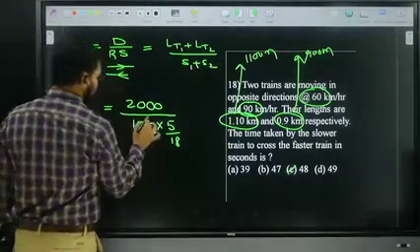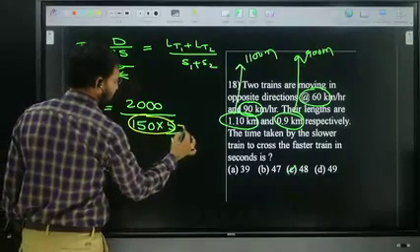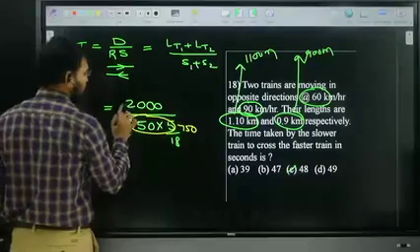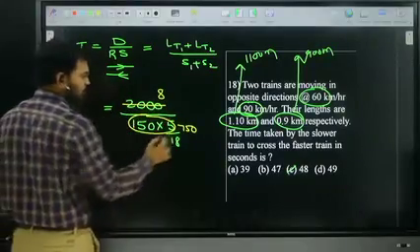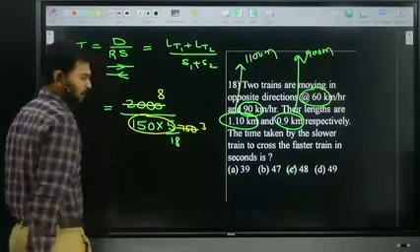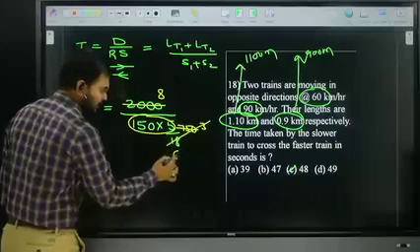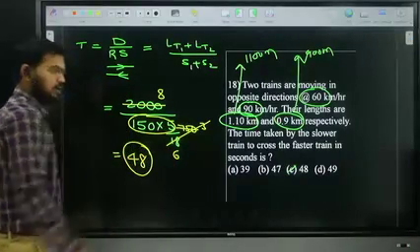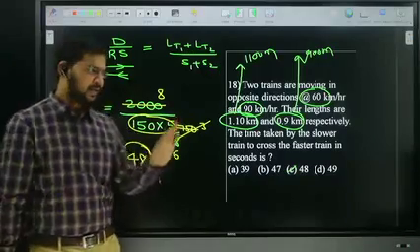Look at me, this is 750. 2000 by 750 gives 48. All of you clear? Just make a note of it, all of you.